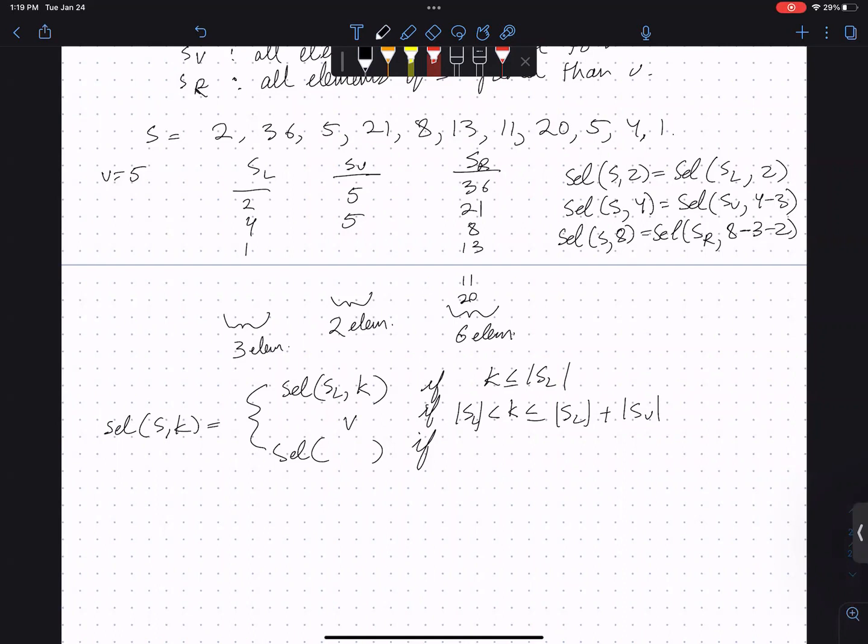And the final case is if K is bigger than that, so it's bigger than the size of SL plus the size of SV. In that case, we go right and we pass K minus SL minus SV.